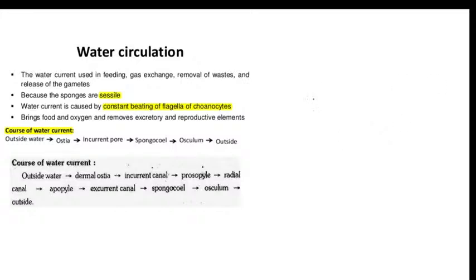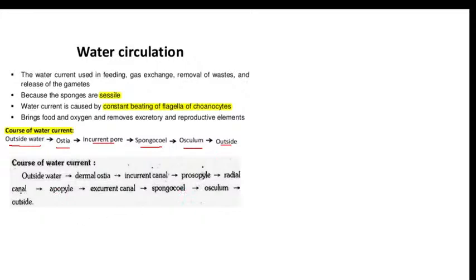And the water which is coming inside will carry food, oxygen, etc. And the water which is moving out will take away the excretory products and the reproductive elements such as the gametes or the reproductive cells. Then the course of water current from outside: water goes through the ostia, incurrent pore, then spongocoel, goes out through osculum.